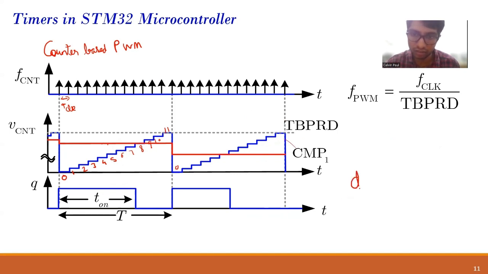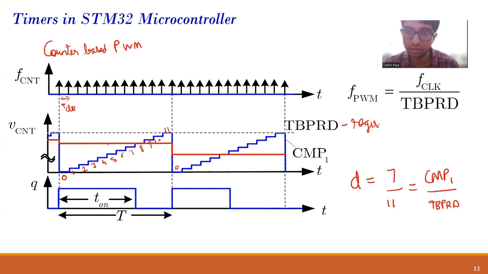Your duty cycle is how much of the time it is on. That is 7 upon 11. So based on your compare value upon your final value, we can get the duty cycle. So this is basically a register. These values are stored in a register.